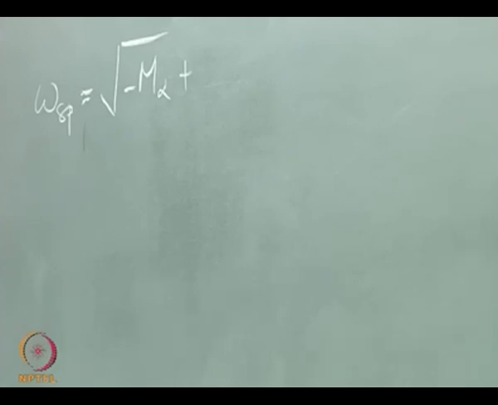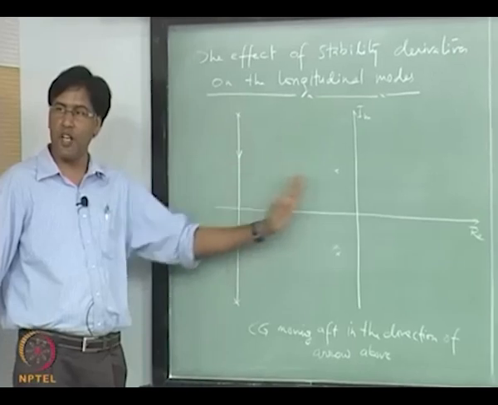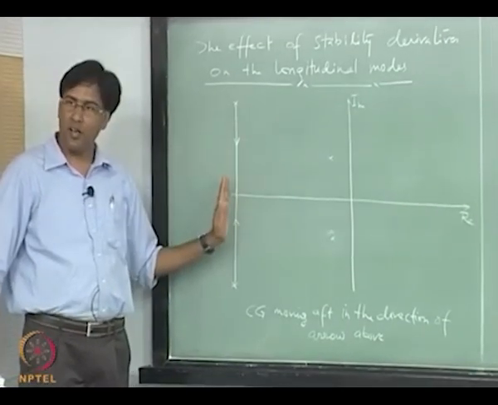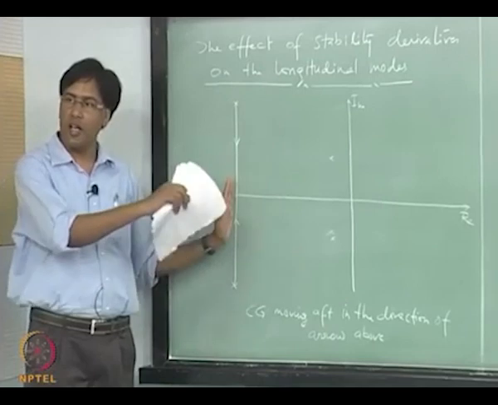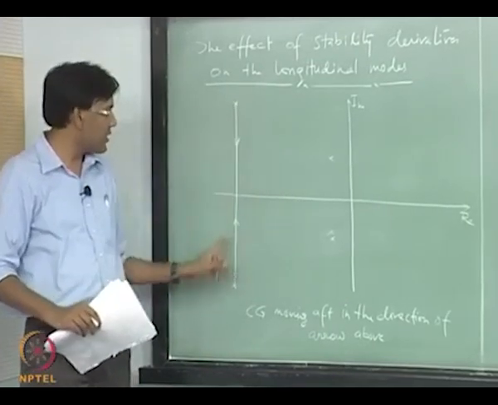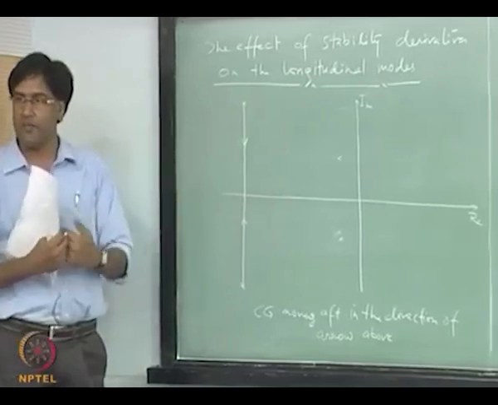So, the effect of changing Cm alpha is going to be on the short period frequency, right. Exactly the same. So, damping is constant because we are at the same location on the real axis, right, and the roots are moving in the direction of the arrow vertically.